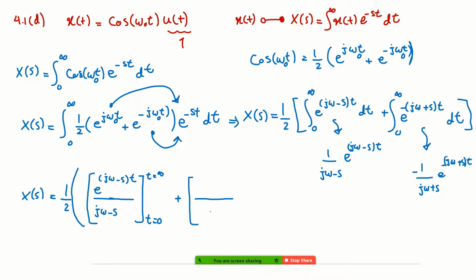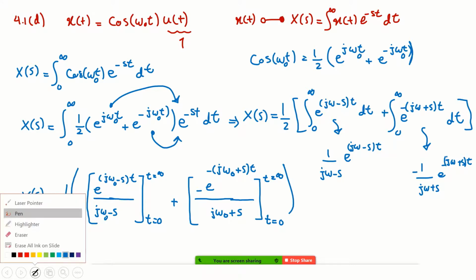Again, these are all omega 0, and t is in the range of 0 to infinity. So I need to calculate this.